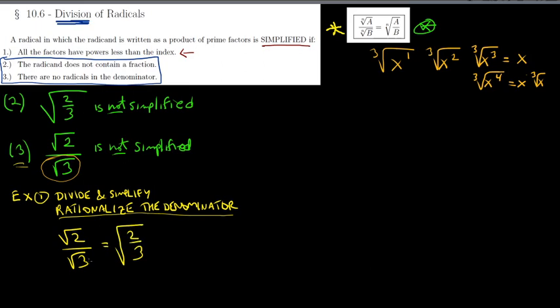However, we've gone from violating rule 3 to violating rule 2, because this has a fraction in it. And remember, the radicand can contain a fraction, but it's not considered simplified. So this actually turns out not to be helpful, and we don't want to do that.